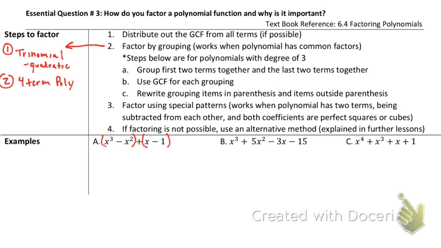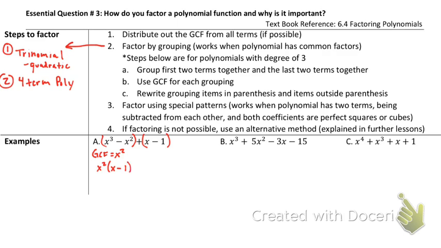Okay. Once you group, we're going to move on to part B, which says you're going to GCF out each group. So we're going to take the greatest common factor for this binomial and the greatest common factor for this binomial. So the GCF for the first group is going to be x squared, and if I GCF it out correctly, we get this.